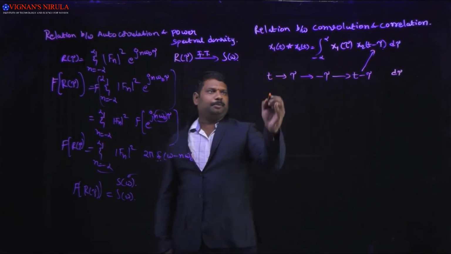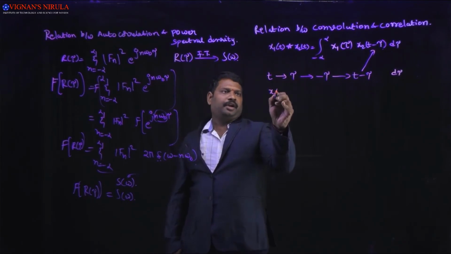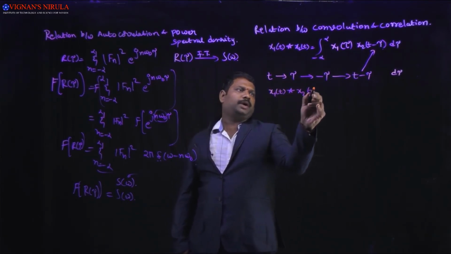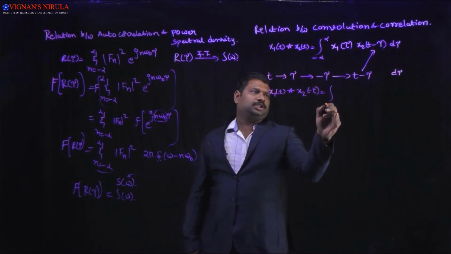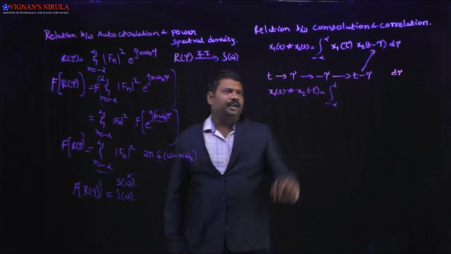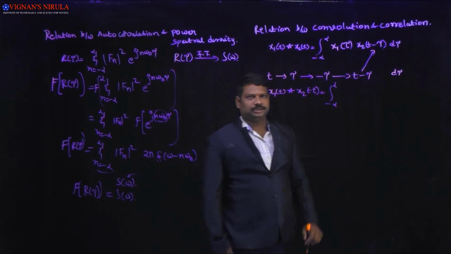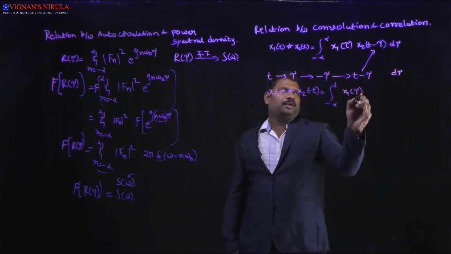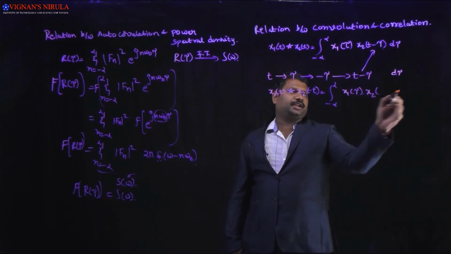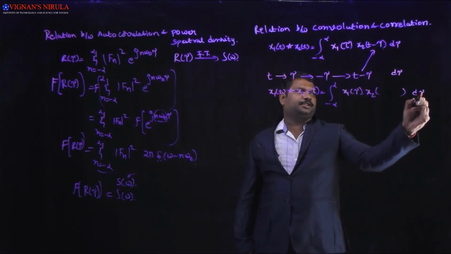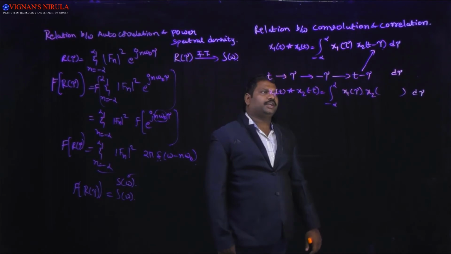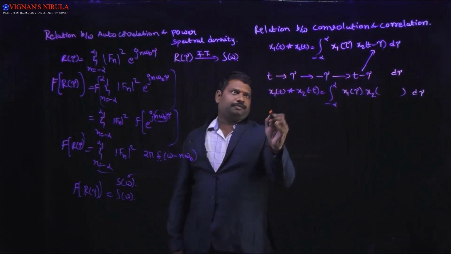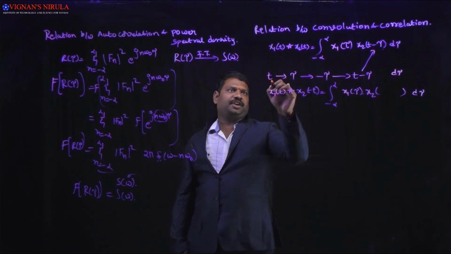Similarly, the same process will be done for x1 of t convolution with x2 of minus t. That's minus infinity to infinity. The first signal x1 of t will be written as x1 of tau. For getting the second function, and integration with respect to tau only, follow this sequence of order. First here t, that's why we have taken t.